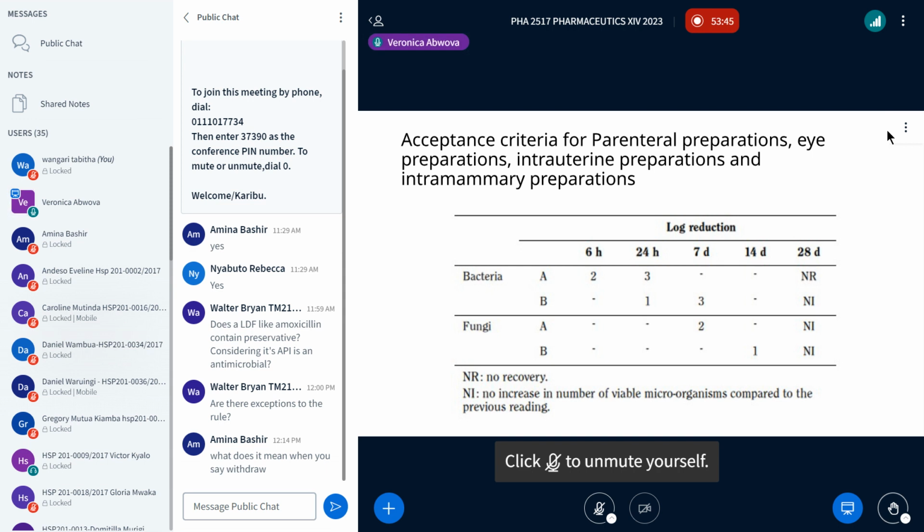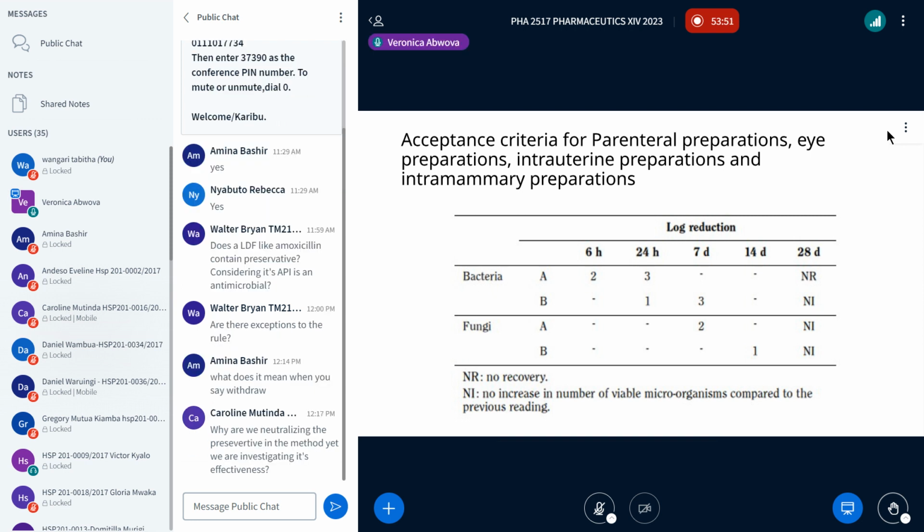And the implication is that with this reduction in numbers, by the time you are getting to 14 days, remember you started with 10 to the power of 5.